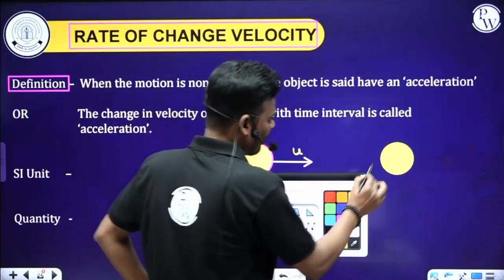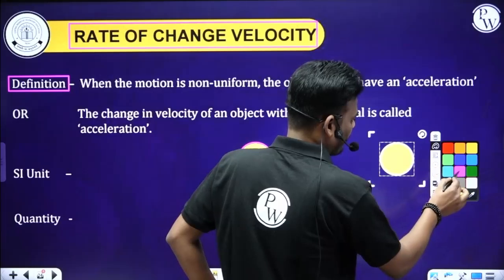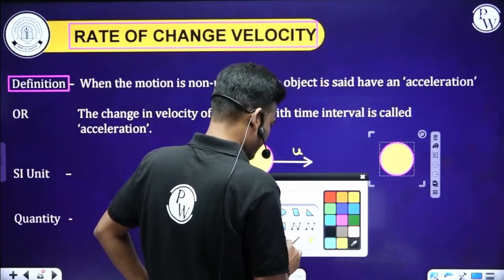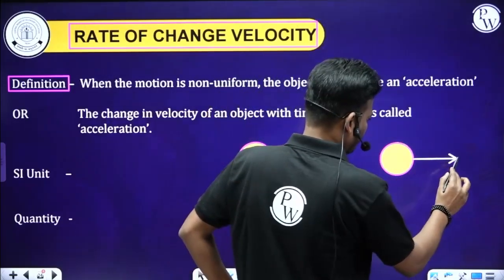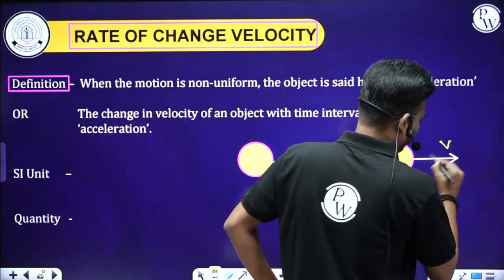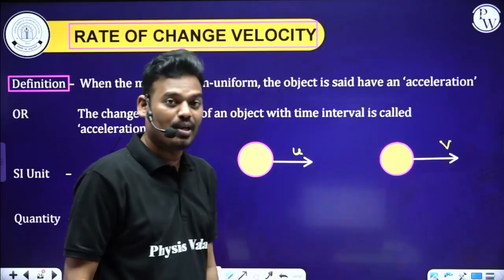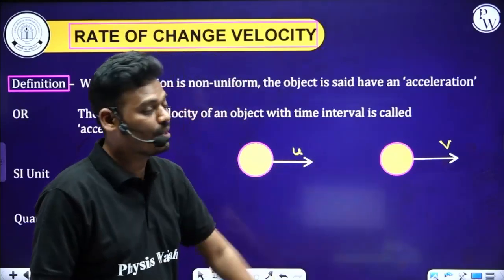After some time, the velocity of the body is v. This is the initial velocity and this is the final velocity, meaning there is a change in velocity.